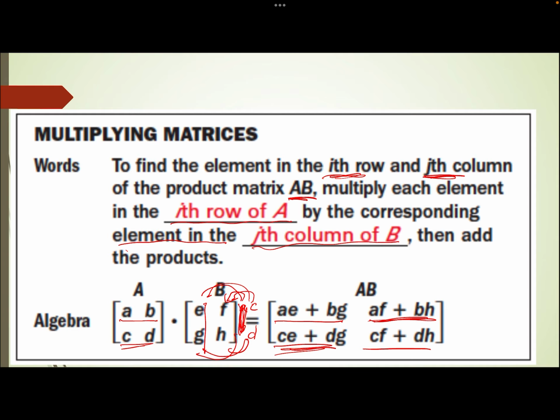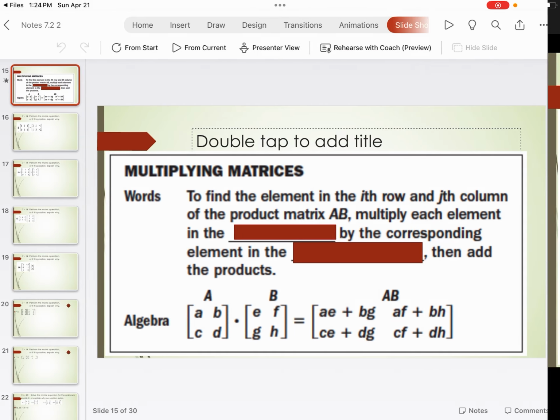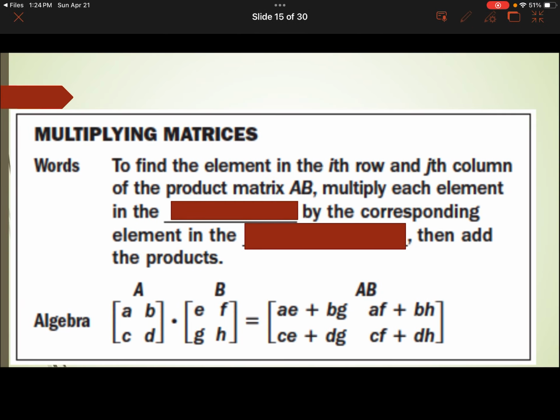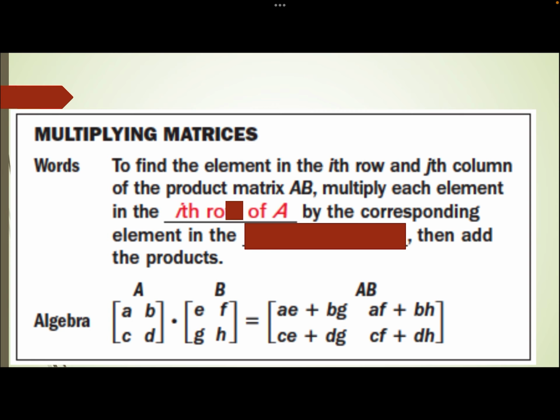Let's go through that one more time. Okay, so when I multiply, I take a row and multiply it by the column. So I start with the first row and put it like a column so that I can multiply it through the column.